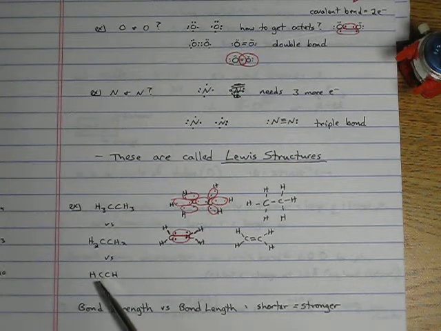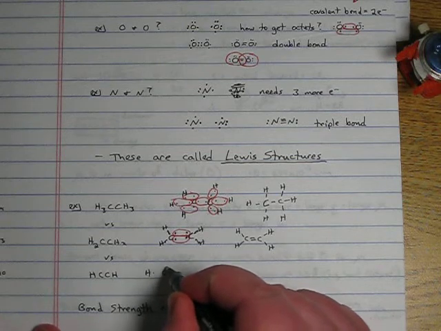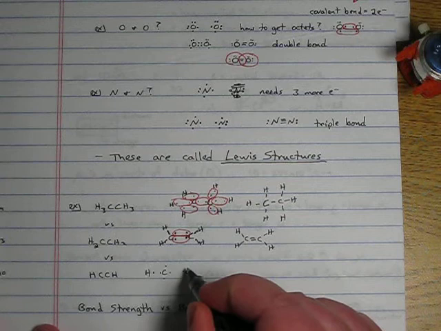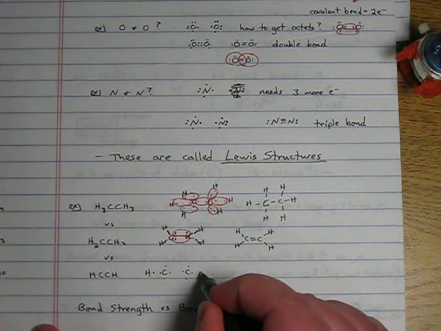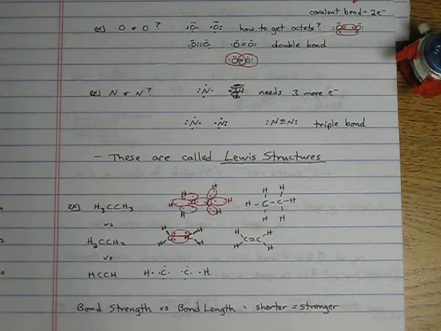All right, HCCH. Let's look at that. We know hydrogen has its 1 electron. The carbon has its 4. The next carbon has its 4. And the hydrogen has its 1 electron. At this point, you can probably see what's going to happen here.